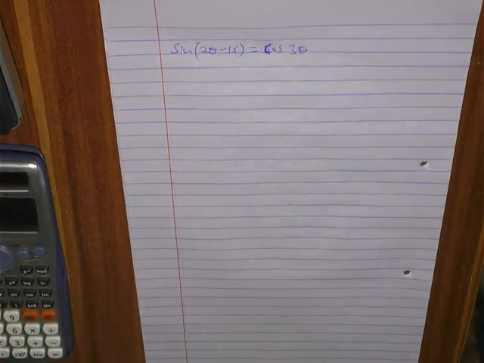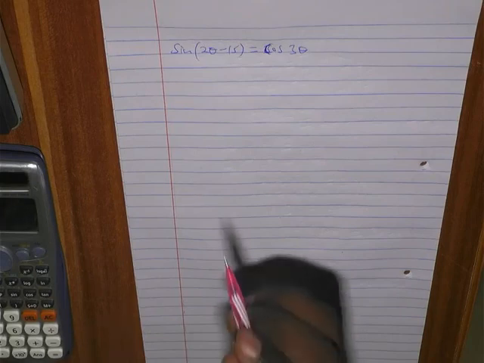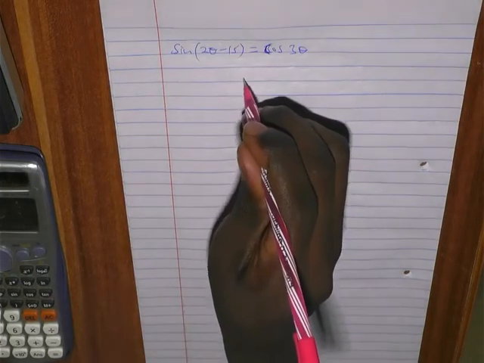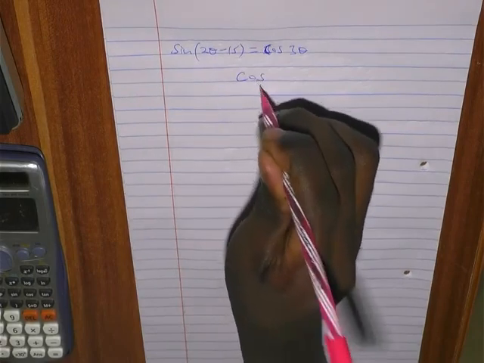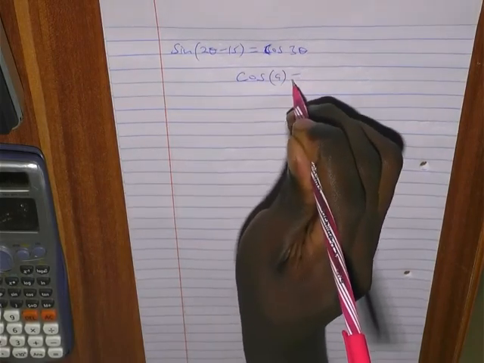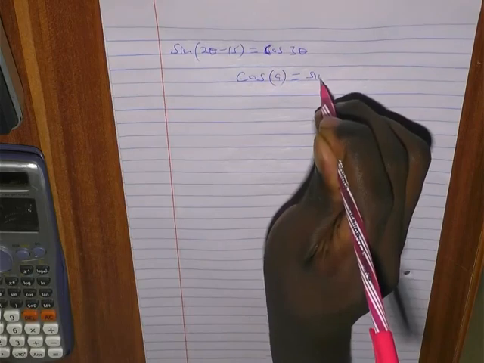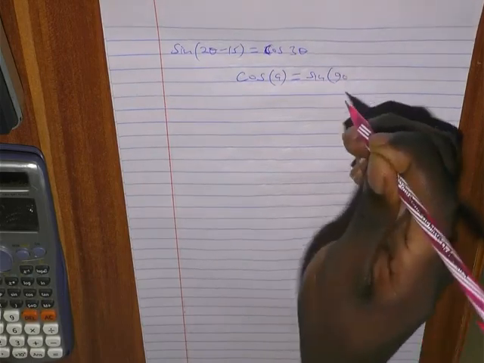One thing you should know is that if you have a cos A, it's equivalent to saying you have a sine of 90 minus A.